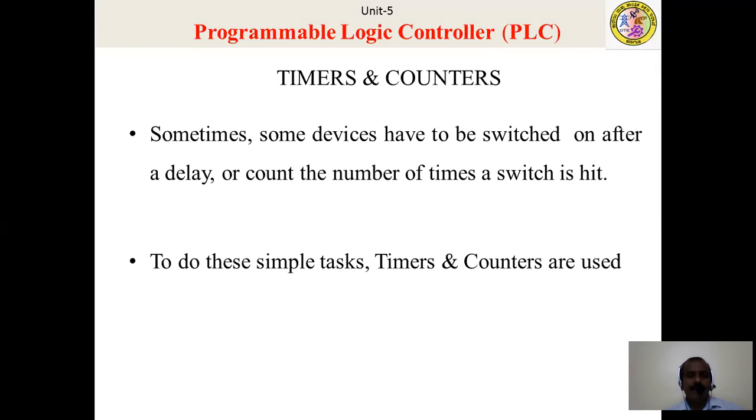So we have timers and counters. Sometimes some devices have to be switched on after a delay, or they have to count the number of times a switch is hit. To do these simple tasks, we use timers and counters.